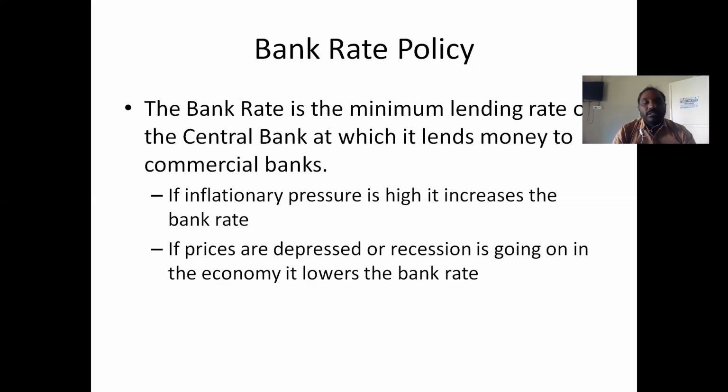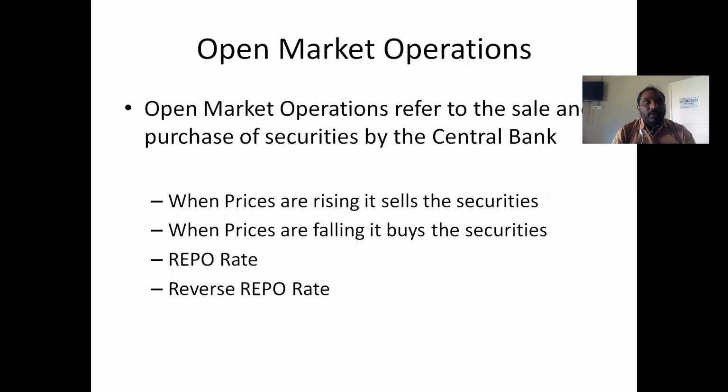We shall go to the second one, that is open market operations. Open market operations refers to the sale and purchase of securities by the central bank. As you know, there is a stock market in each and every country, where there will be sale of shares and securities of companies, and also treasury bills by the central bank.